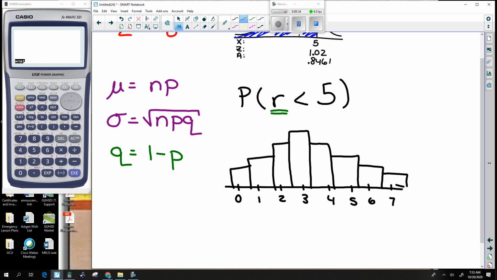And so the curve that we have looks something like that. So think of it in that sort of mind frame.